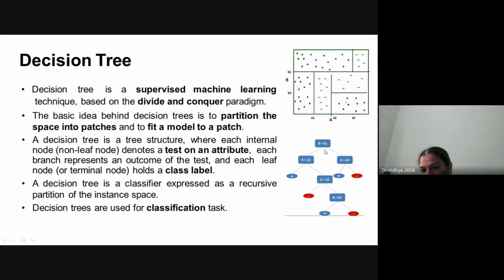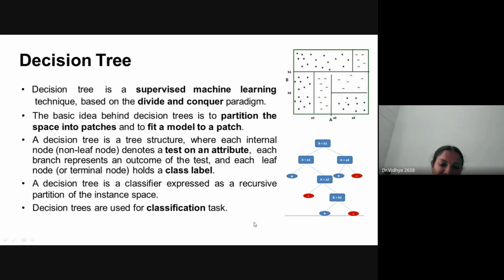If B is less than B1, then depending on whether the condition is true or false, we take the decision by checking A, simply checking A with A3. If the condition is true, it will go to the next left side, or it may be the right side, depending on the condition. Based on which attributes get satisfied, the traversal occurs and the construction of the tree will occur as such.